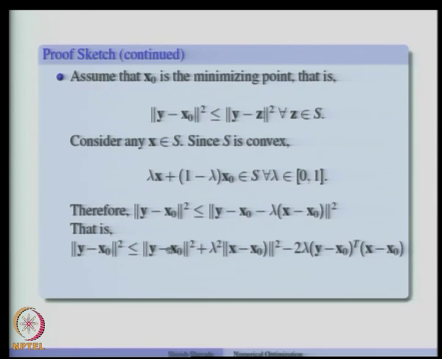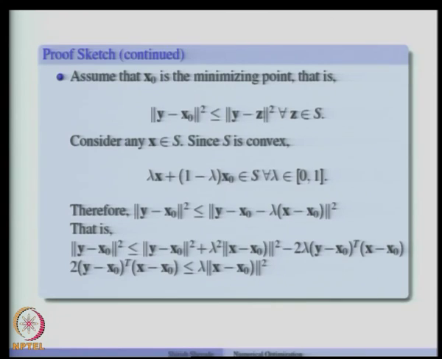Now, these two quantities are the same, so they get cancelled, and if you bring the third quantity to the left side and divide by lambda, assuming that lambda is non-zero, then we get 2 into y minus x naught transpose x minus x naught is less than or equal to lambda norm of x minus x naught squared.